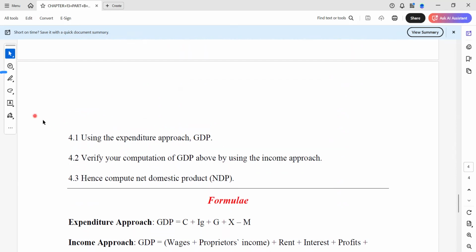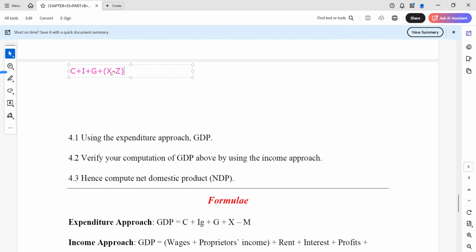The expenditure approach is one of the easiest approaches, guys, to remember, especially because you just say C plus I plus G plus open bracket X minus Z. Z for imports, X for exports, right?